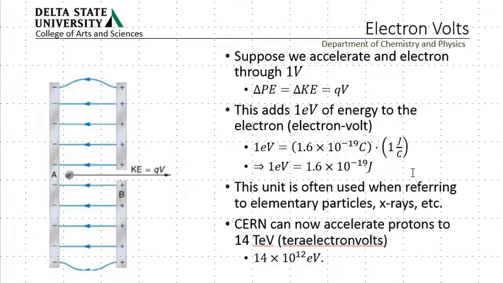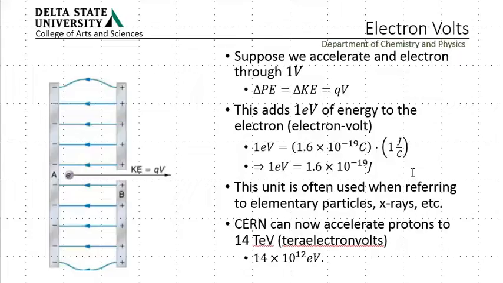Well, later in the semester, when we talk about atoms and atomic spectra, and about individual photons, the electron volt is a very handy unit of measure for atoms and molecules and fundamental particles like electrons, and for very small particles like protons and neutrons. It's a very useful unit for those types of situations.